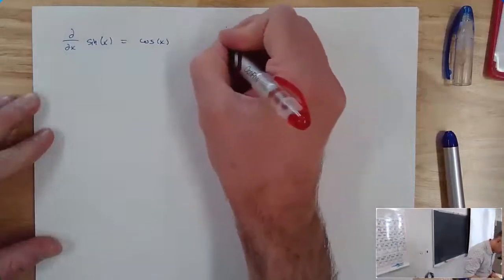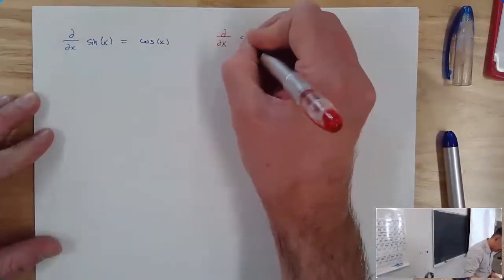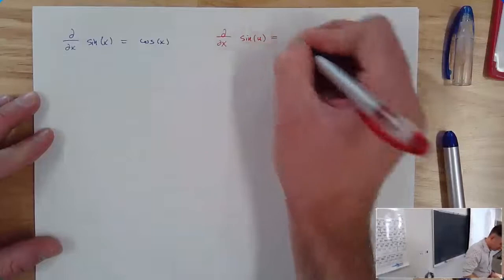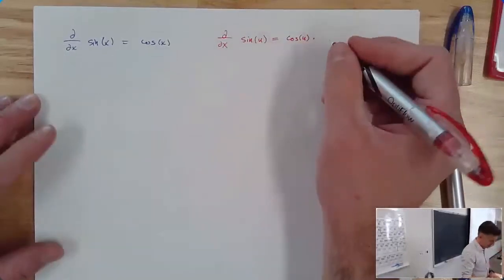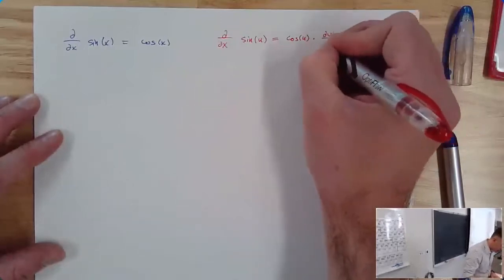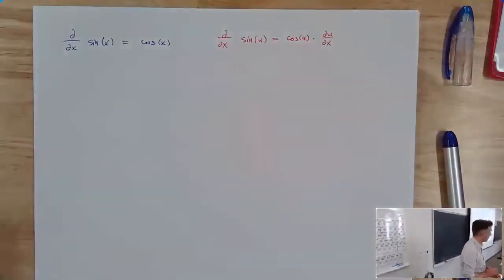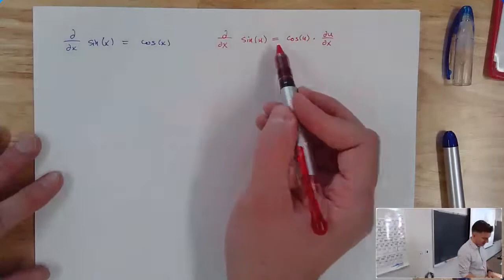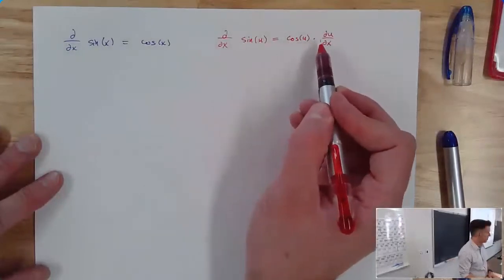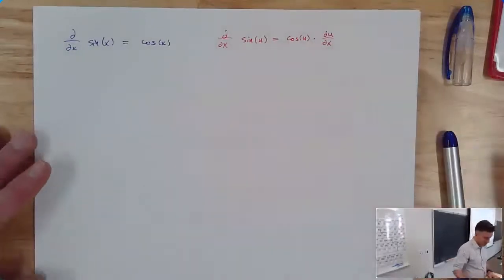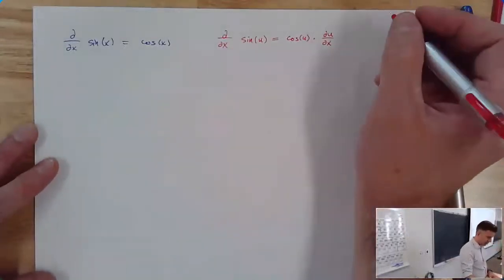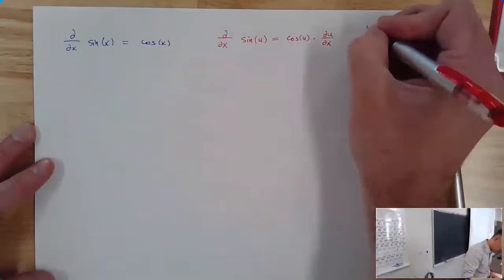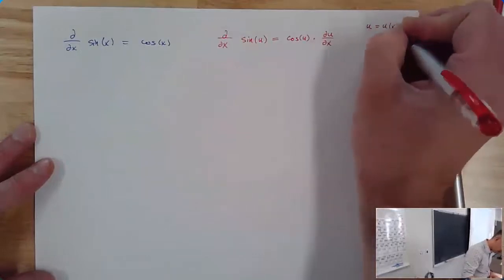The derivative of sine of u is equal to cosine of u times du dx. Or in other words, the derivative of sine of some stuff is cosine of the stuff times the derivative of the stuff. And we're pointing out that u is a function of x. So u is u of x.